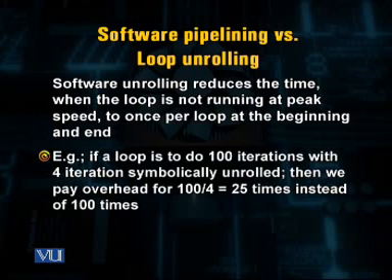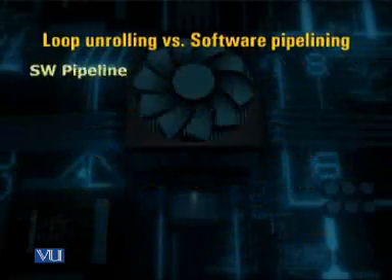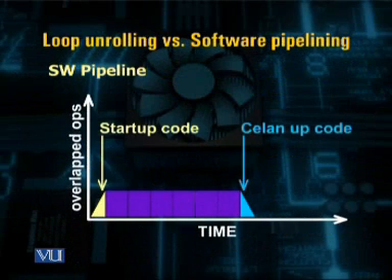For example, here in this particular case, if a loop is to do 100 iterations with 4 iterations symbolically unrolled, then we pay overhead for 100 divided by 4, that is 25 times, instead of 100 times as in the case of loop unrolling. This is shown below with the help of this figure.